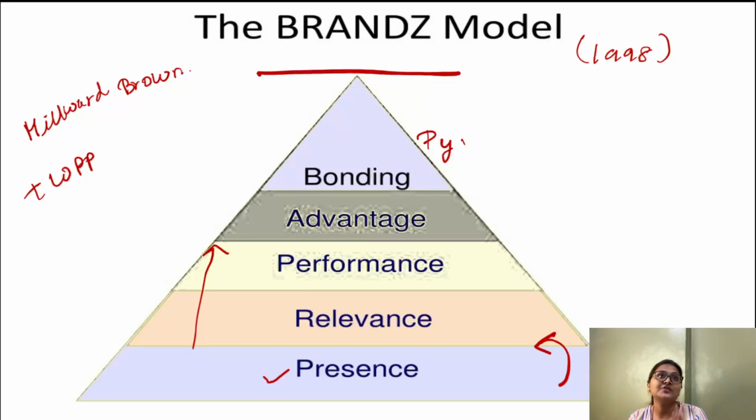The customer is just aware of the brand over here. Suppose there are brands which are coming up into the market space, there is just a presence of a particular brand in the market, there is not much recognition of that brand. Customers are just aware that a brand is there in the market space.